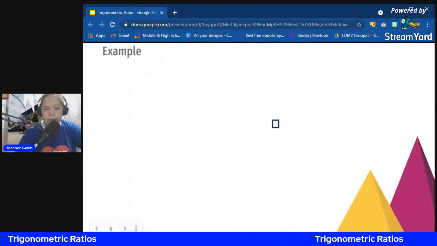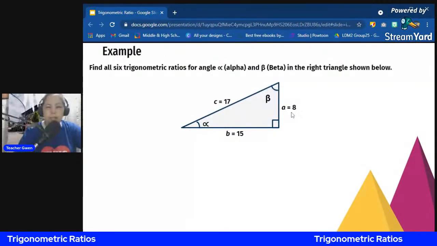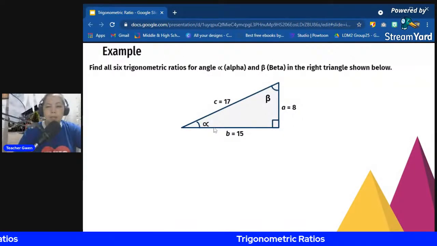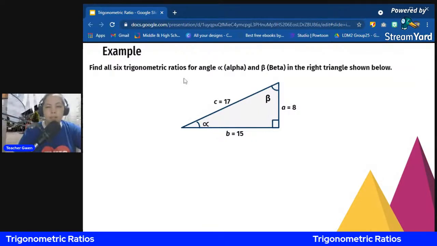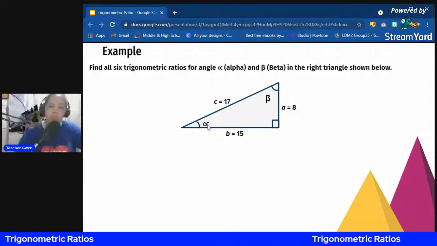Back to the example. We have here side C equal to 17, side B equal to 15, and side A equal to 8. We will find the six trigonometric ratios with respect to alpha and with respect to beta. Let's start with alpha.